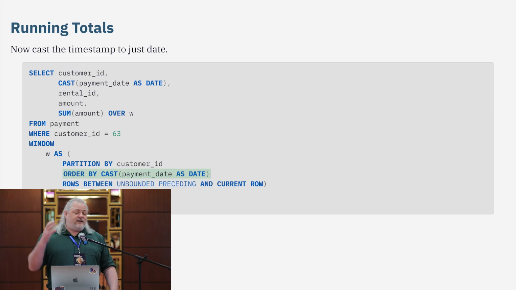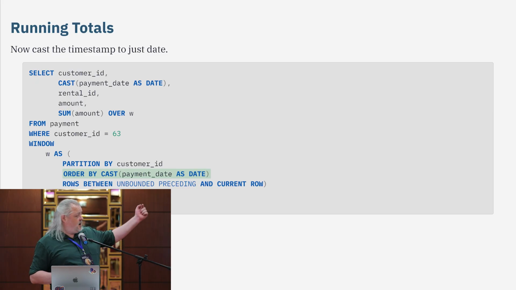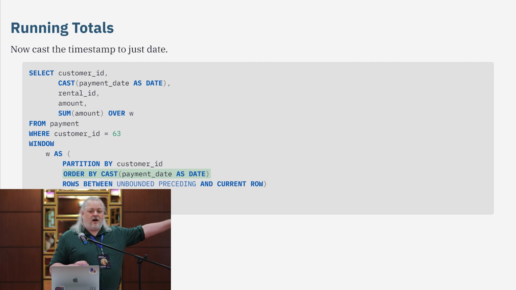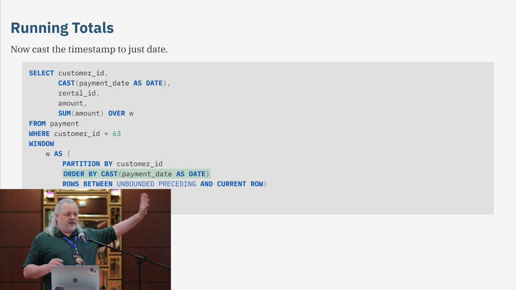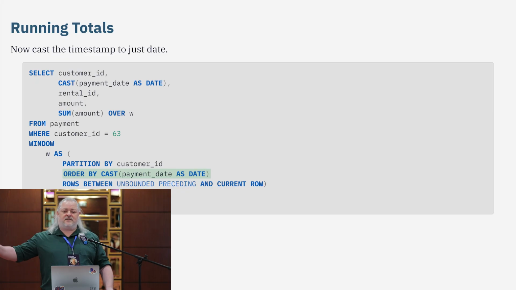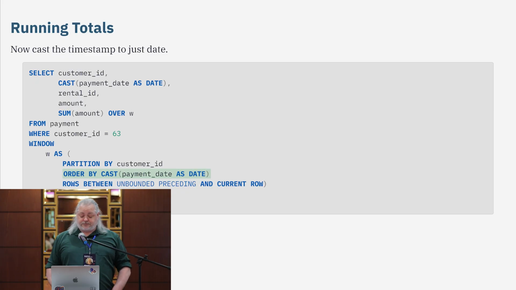I care what day they made it on. And so here, I'm doing an ORDER BY CAST payment date AS date. That's poorly named. It should be payment timestamp, but it's called payment date, even though it is a timestamp. But I'm taking off the time. I want everything by date.